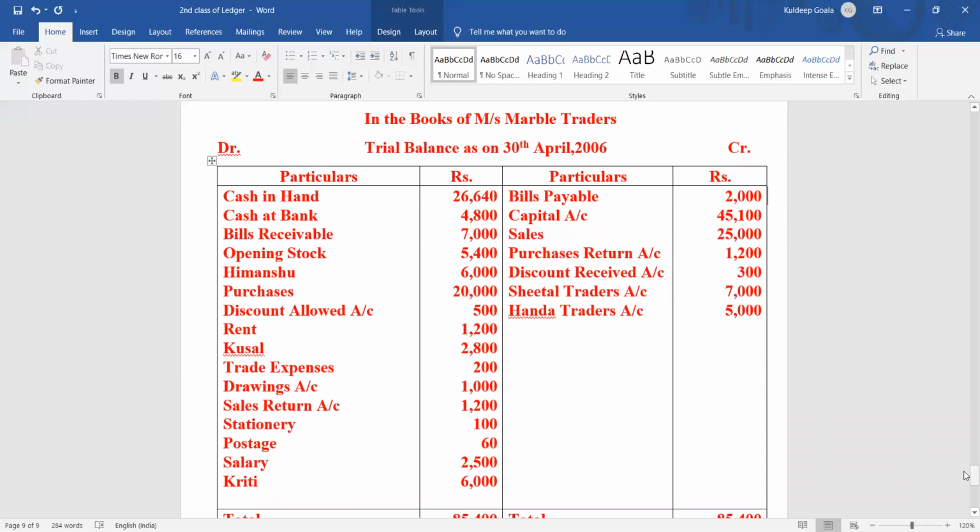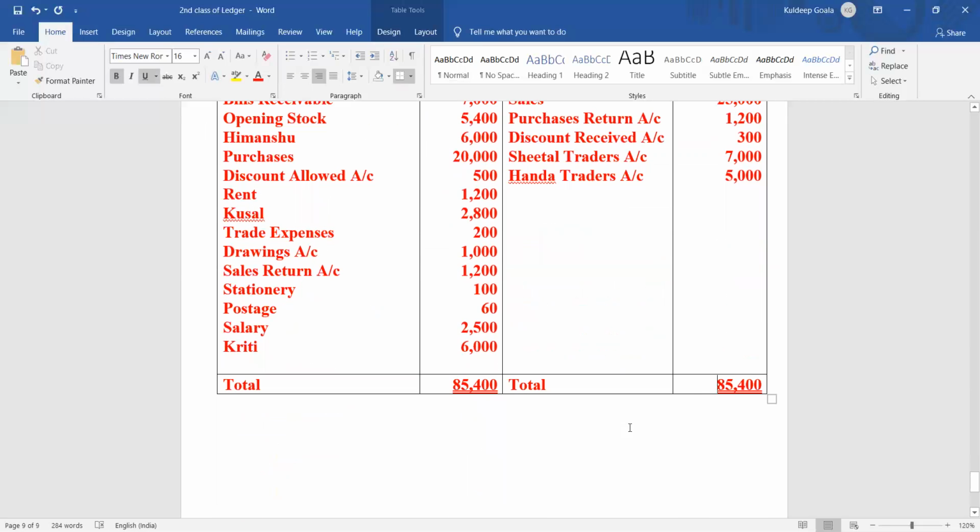The other way of showing the trial balance is the statement format. As I told you in the beginning itself, there are two formats of preparing trial balance. Any one format you can follow. The other one is the statement format. Clear? So let me show you that also.